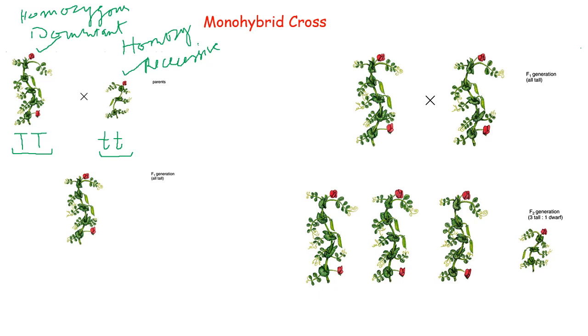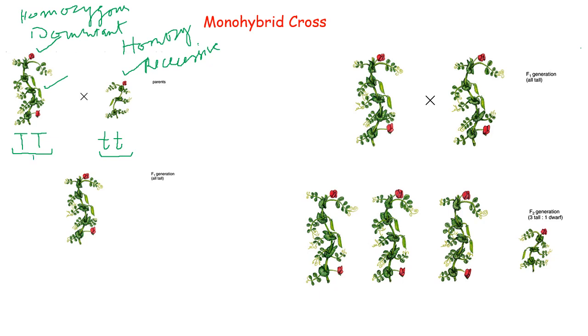Now what does the law of segregation state? The law of segregation states that the two alleles that are responsible for a particular character separate during meiosis. These two alleles, capital T and capital T, are responsible for the height of this plant. That's why this plant is tall.